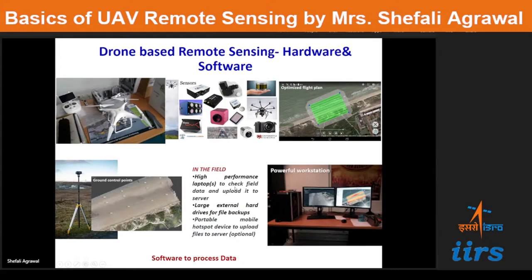Now, the entire drone-based remote sensing, if I talk about the complete hardware and software, what is the requirement? You need an unmanned aerial system or drone with a sensor, with the ground control station, which has a mobile or any monitor or a laptop from which you can see how your drone is moving and what areas it is covering.